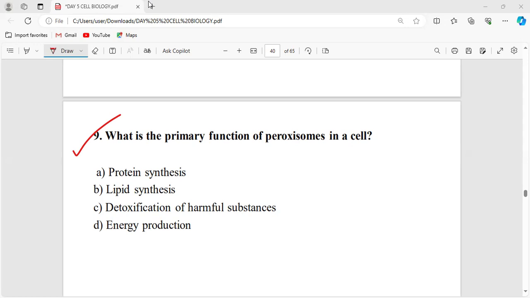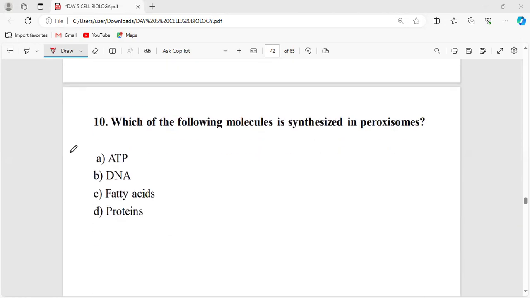Now, next question. Which of the following molecules is synthesized in the peroxisome?